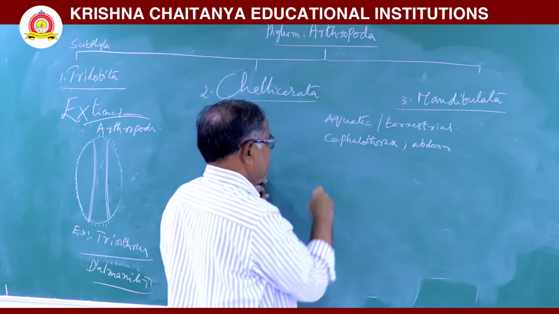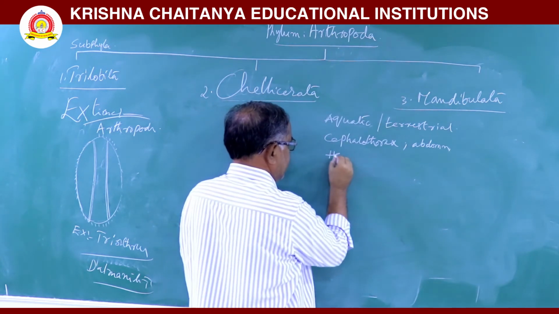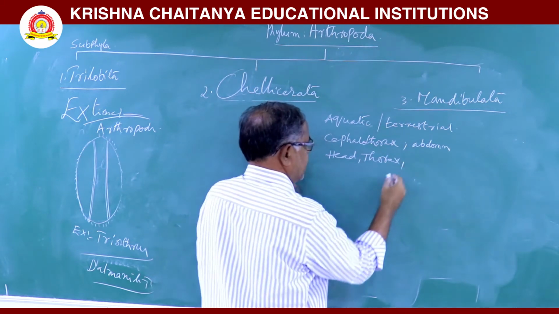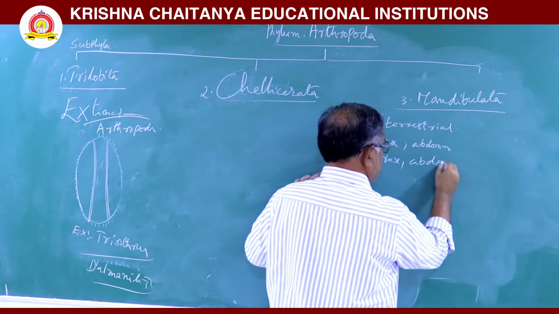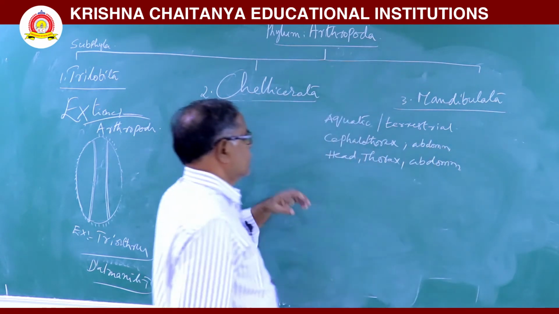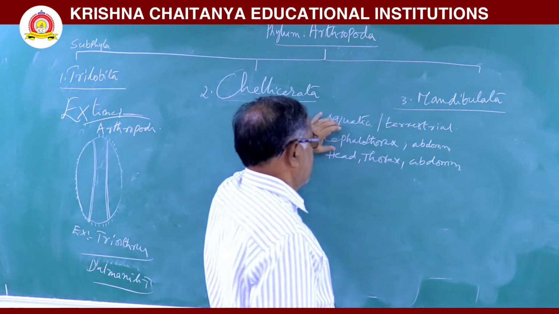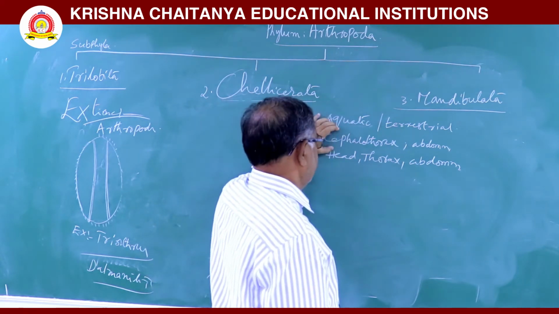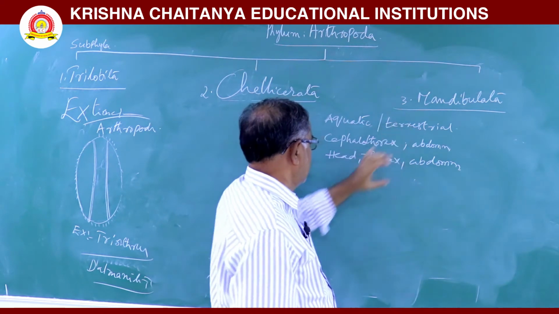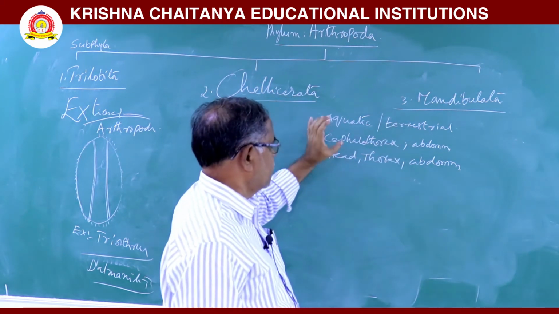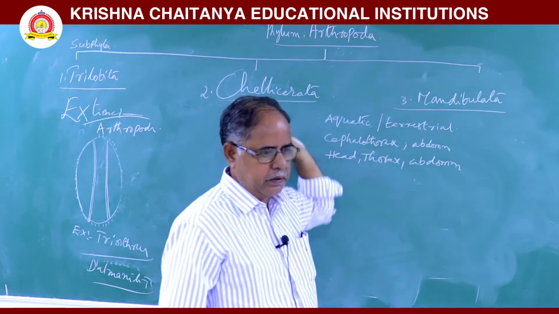In some, the body is divided into head, thorax, and abdomen. So, these are aquatic or terrestrial animals. In some, the body is divided into 2 parts, cephalothorax and abdomen. In some, the body is divided into 3 parts, head, thorax and abdomen.